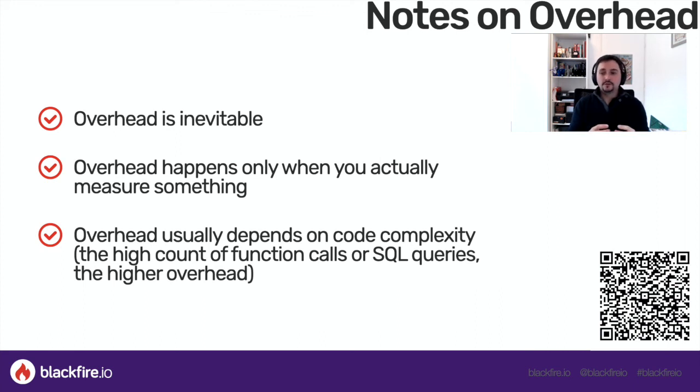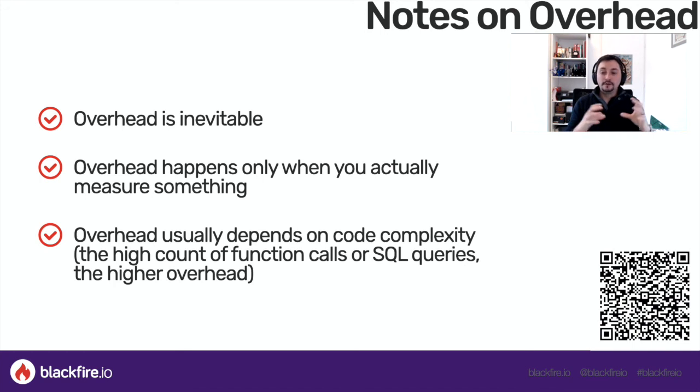The point is, overhead always will depend on code complexity. It will, of course, also depend on the power of your machine. So comparing a measurement on production and a measurement on development is not going to be so relevant, because obviously your local machine is not going to be as powerful as a production machine. But anyhow, the code complexity is going to impact it.